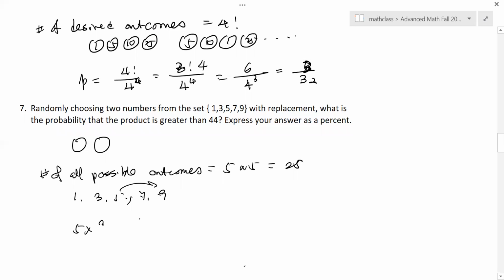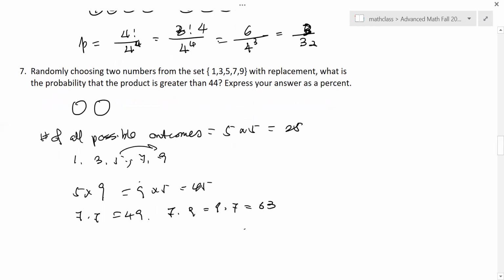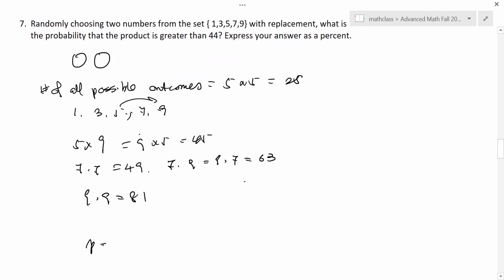So 5 times 9 is okay, and it's also 9 times 5. And 7 times 7, be careful, it's also bigger than 44. 7 times 9, 9 times 7. Then 9 times 9. So the probability will be over 25, and you count 1, 2, 3, 4, 5, 6. So 6 over 25.